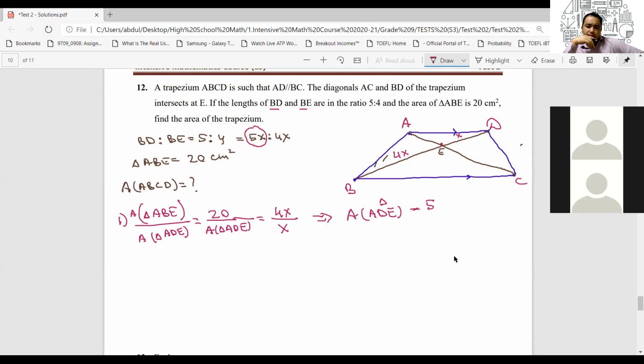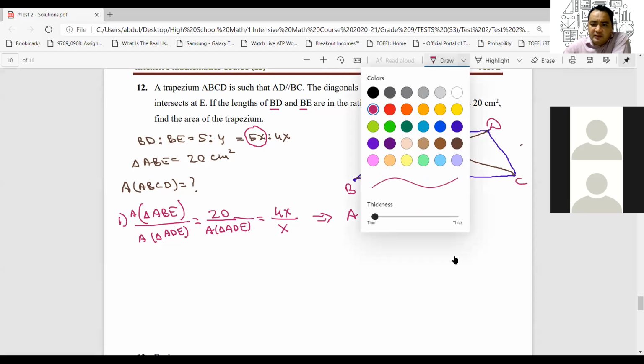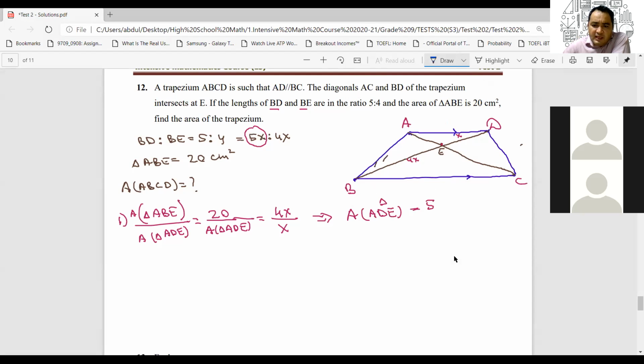Okay? Good. So now I know this area. This area in blue, ABE, is equal to 20 centimeters squared. AED, we have just found, is 5 centimeters squared.